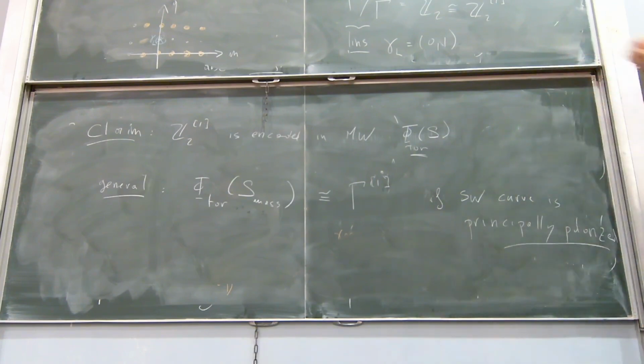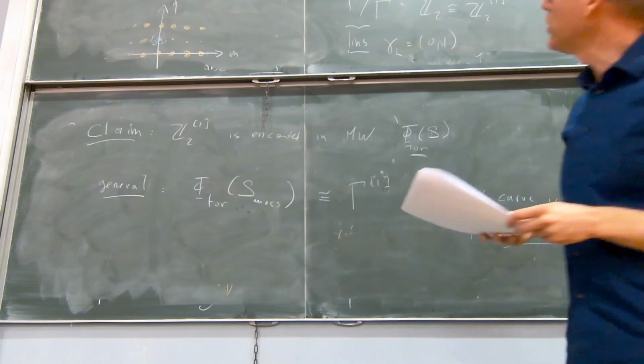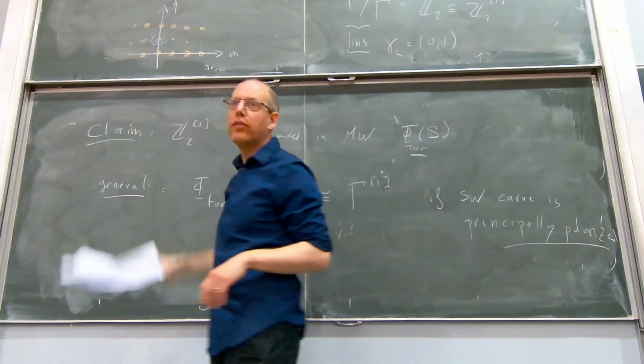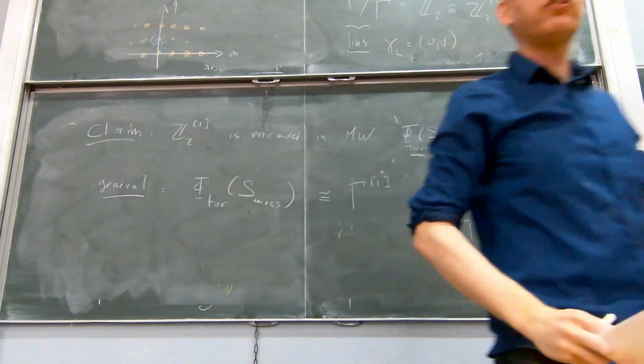So in my case, the principal polarization condition is just the condition that I can identify the direct pairing there with the homology lattice without any rescaling between the two.